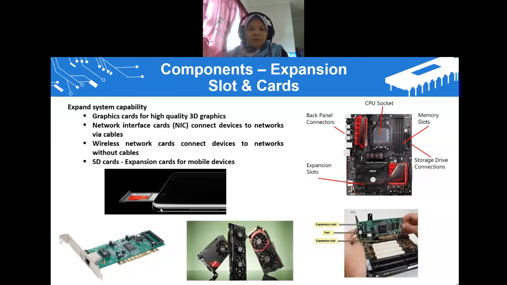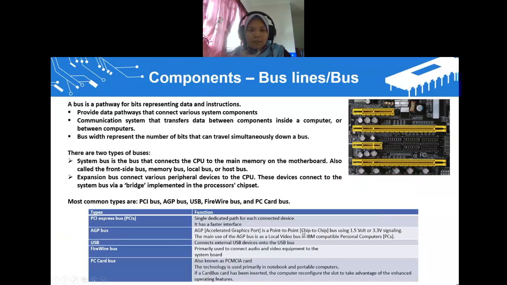The next component for the system unit is the bus. A bus is a pathway for bits representing data and instructions. It provides a data pathway that connects various system components. Bus width represents the number of bits that can travel simultaneously down a bus. There are two types of bus, which are system bus and expansion bus.